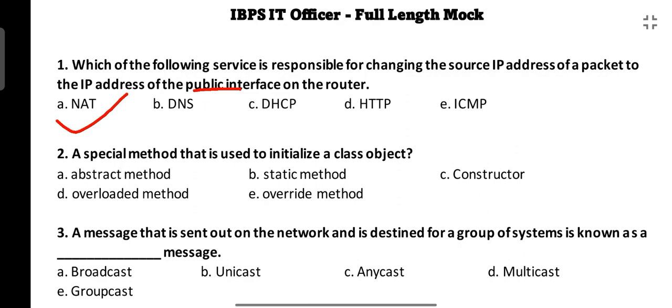Like in an organization, we have a group of IP addresses for internal purposes, but for the general public or the external world, it will represent only one unique IP address that will represent the entire group of the network. That is the work of NAT, network address translation. So suppose we have this many IP addresses, and with NAT we will show them as one IP address. All of this will be shown as one IP address. I hope this is clear.